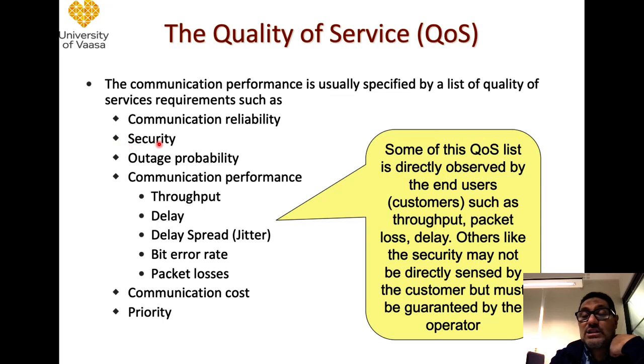Security is something we usually don't see directly, but we might get affected by it. The communication should have high resistance against unauthorized access to the network. Security is actually one of the major vital requirements of a smart grid.